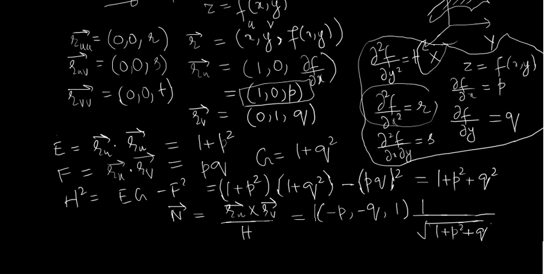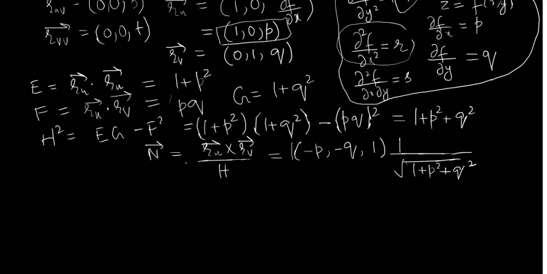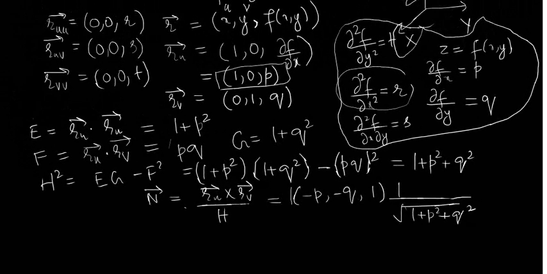Then you just have to, now again you've got these three vectors, r uu, r uv, r vv. You take their dot product with this n vector and you would get L, M and N. What I'm trying to say is, you already have this r uu. What is r uu? It is the vector 0, 0, r.